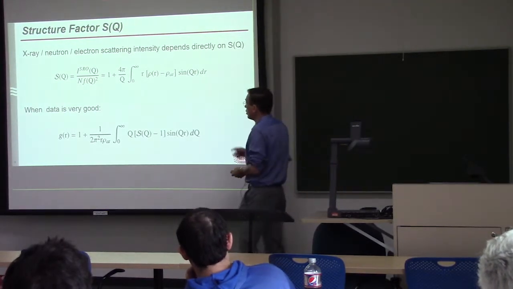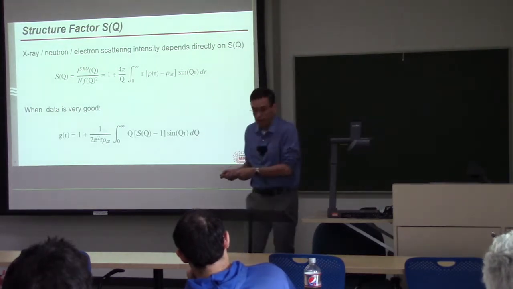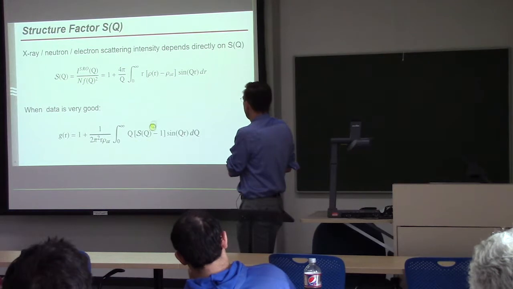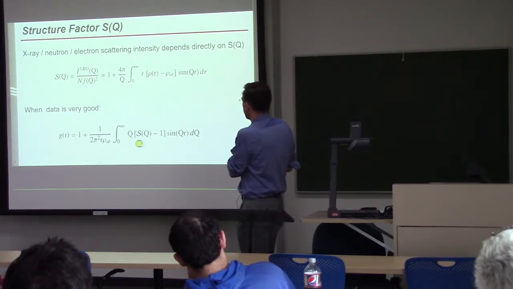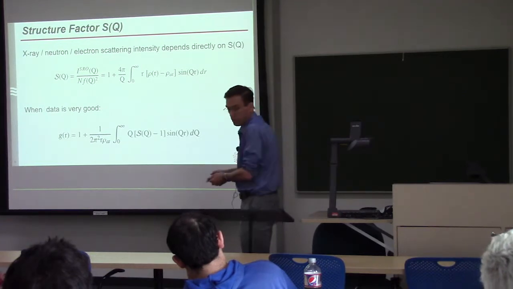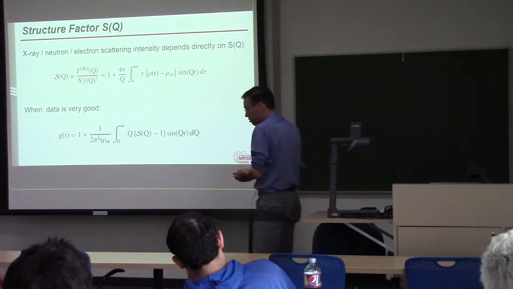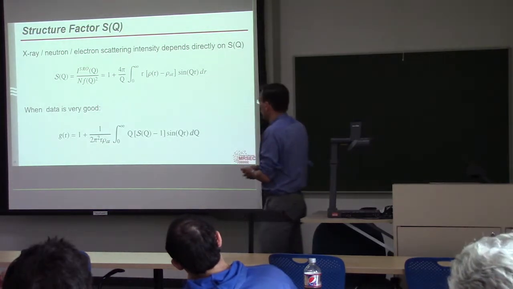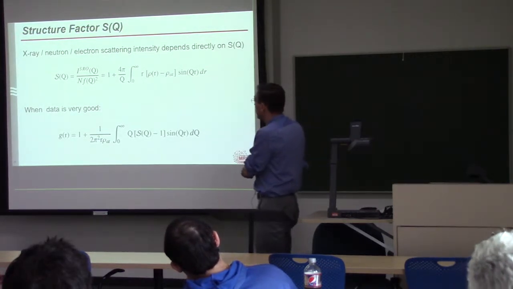And if you have very good data, you can go from S of Q, which you measure here, there's S of Q buried into this expression, to G of R. And how you do this is the part of the science of X-ray or neutron or electron scattering, but you can get good measurements of this.